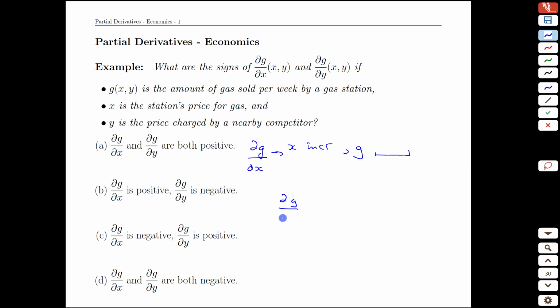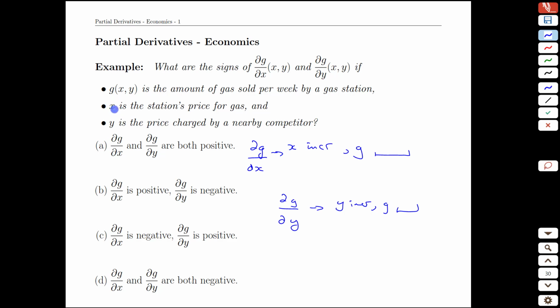And likewise, when you increase Y, what happens to G? That captures the sign of the partial derivative of G with respect to Y. So take a moment, think about these scenarios, translate these into the context of the gas station problem, and then we'll check in on the answers.